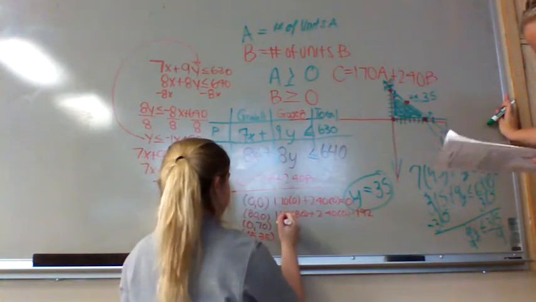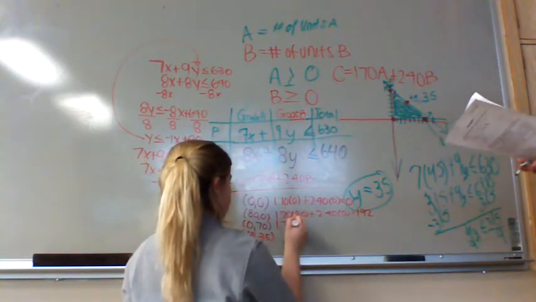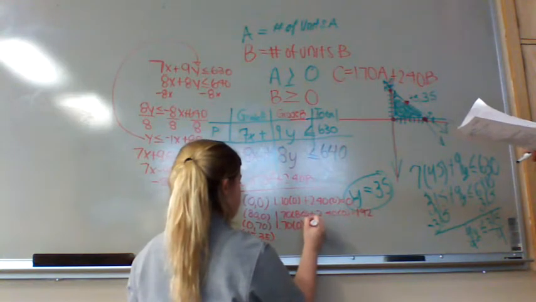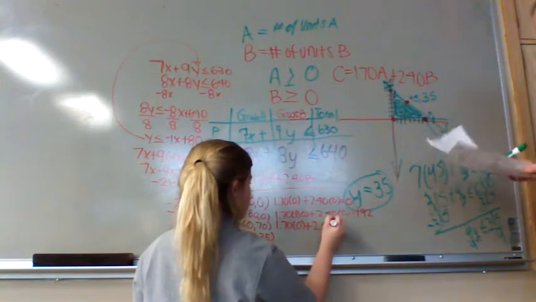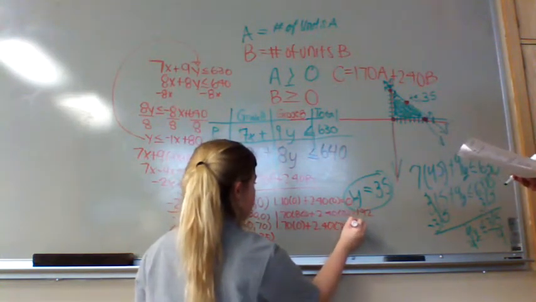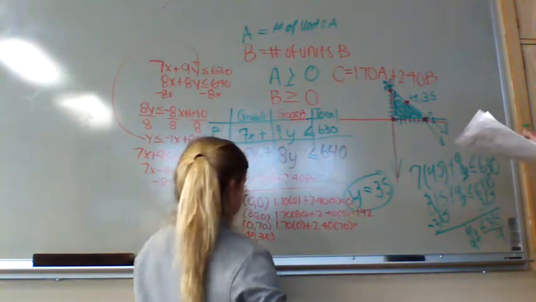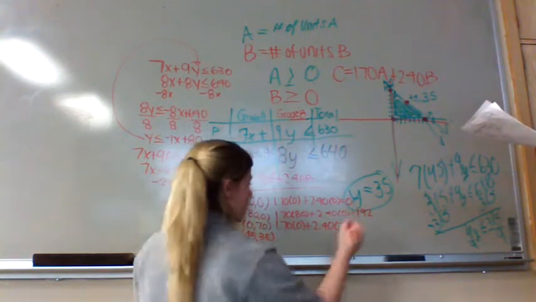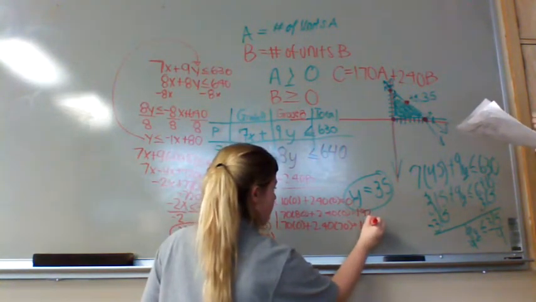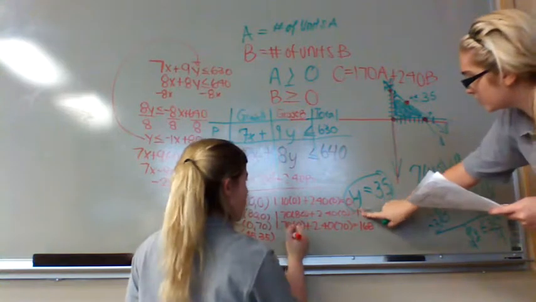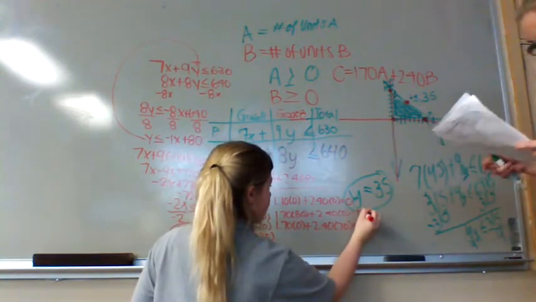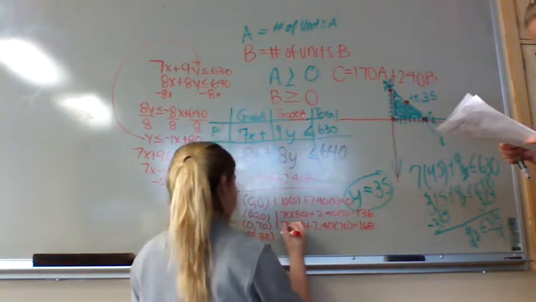And then we'll do 1.70 times 0 plus 2.40 times 70 equals 168. I was mistaking that. That's 136 actually for the second one.